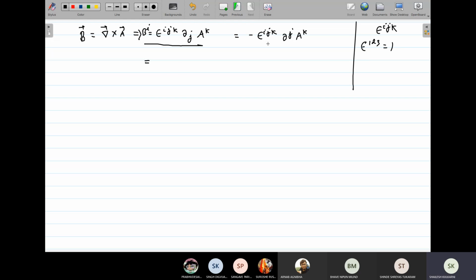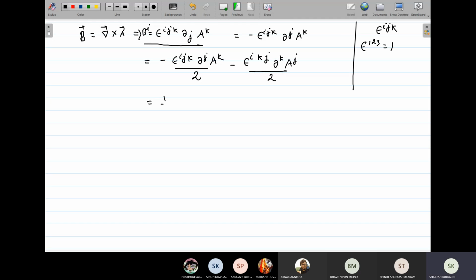So this expression is equal to minus epsilon ijk del j ak divided by 2, minus epsilon, where j and k are summed over, so I will write this second term as minus epsilon ikj del k aj. I have done nothing, I just changed the dummy indices: k is replaced by j and j is replaced by k.